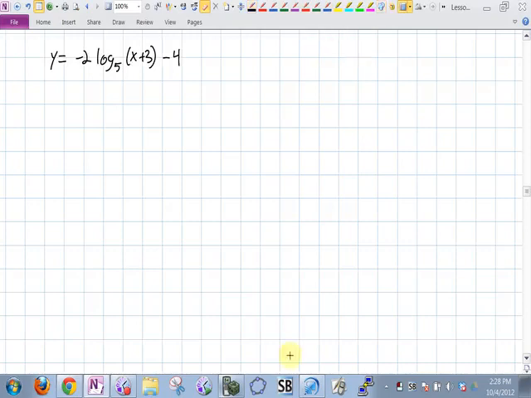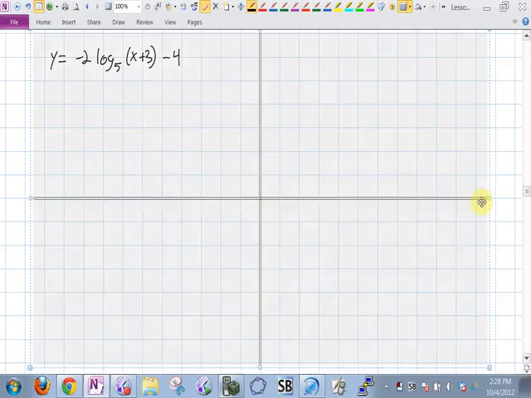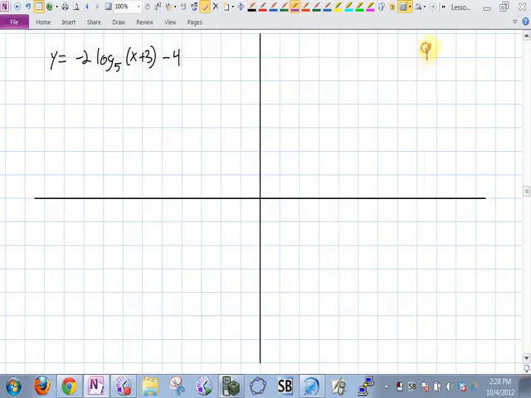Now what am I going to graph first? Log base 5. That is not the true parent, it's the pretend parent. It's the older Duggar sibling. Log base 5. Okay? So what does log base 5 look like?